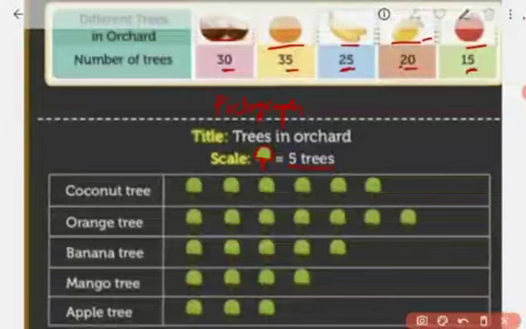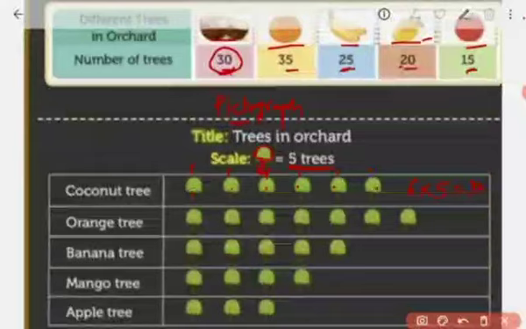In this pictograph, one picture is scaled as 5 trees. So we have 30 coconut trees. How many fives make 30? 6, right? So if I draw 6 trees, that represents 30 coconut trees: 1, 2, 3, 4, 5, 6. So each tree is representing how much? It is representing 5.